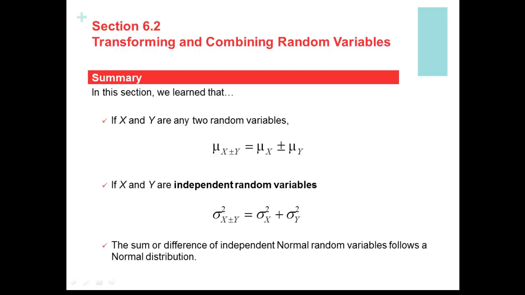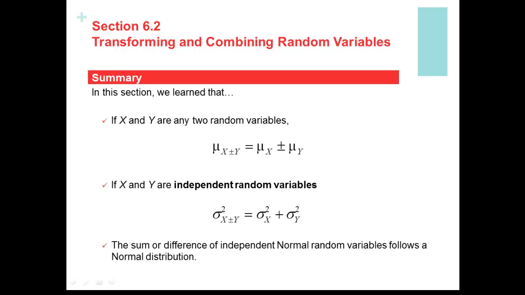And again, it does not matter if you're adding or subtracting the distributions, you'll always add the variances together. And again, to get the standard deviation then, you would just take the square root of the variance. And the sum or difference of independent normal random variables will follow a normal distribution.